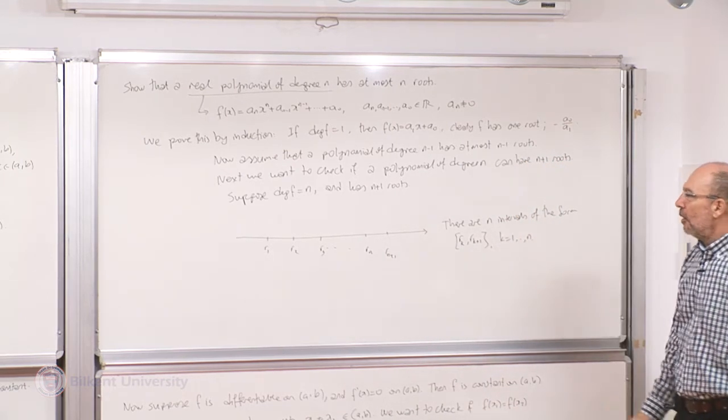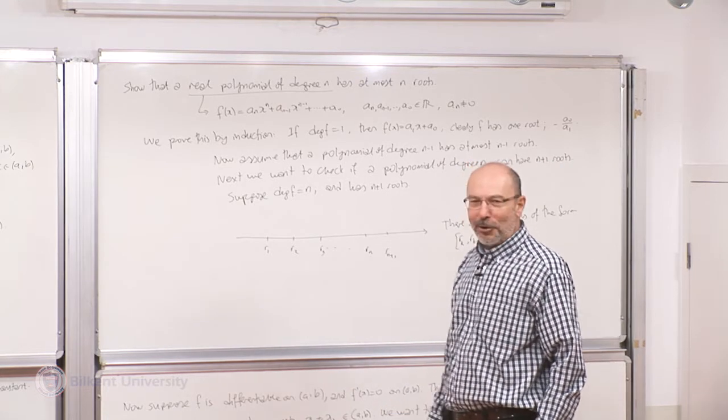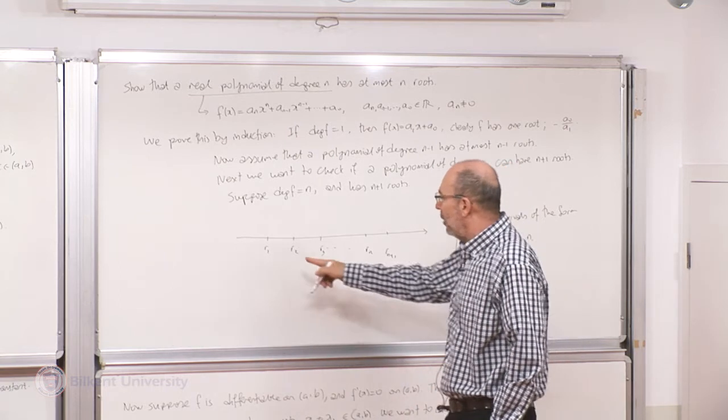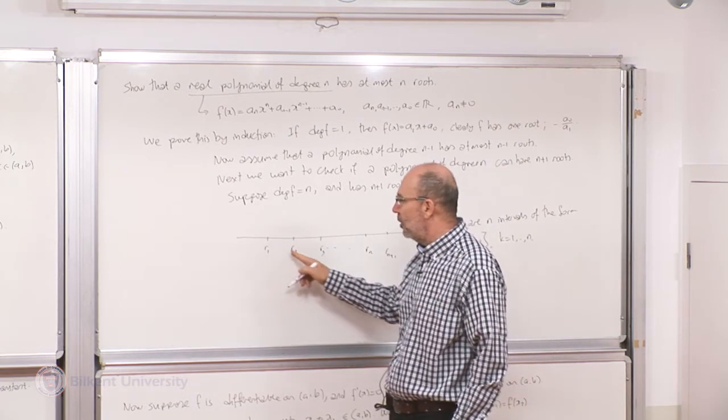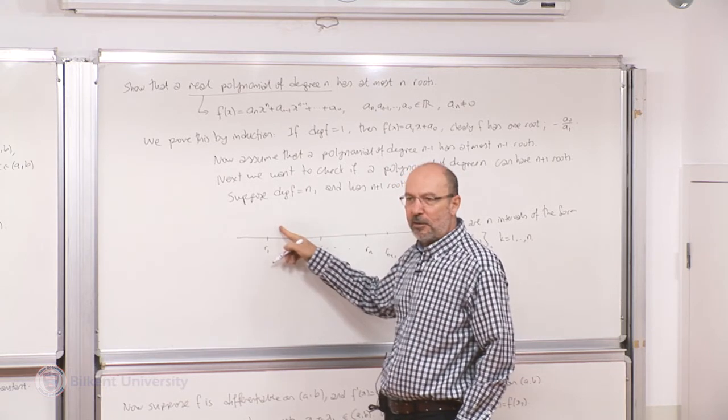Now we apply Rolle's theorem. Rolle's theorem says that if the function has the same value here and here, in our case that value is 0, then in between there is a 0 of the derivative.